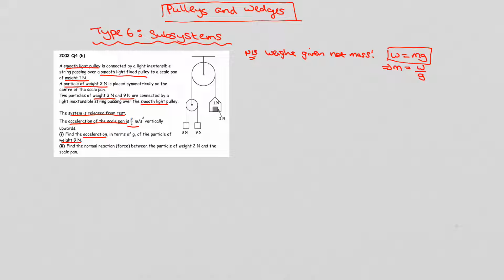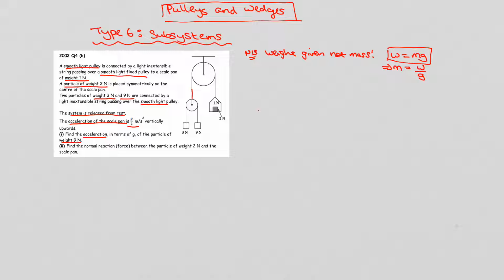Let's look at the overall diagram. I'm going to do all of the forces acting on the whole system, and then we'll break down each part into separate diagrams. We're not being asked for them in the question, but we always need to do our separate diagrams so that we can set up our equations. Starting on the left-hand side of the diagram, we have 2 separate strings, which means we're going to have 2 separate tensions.